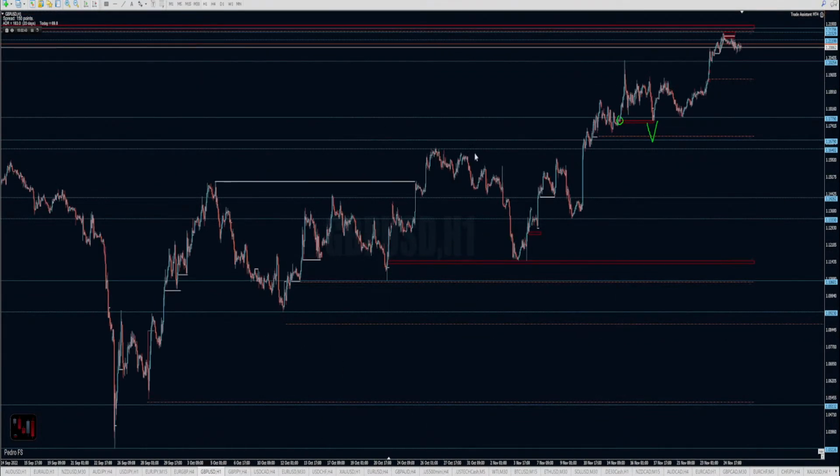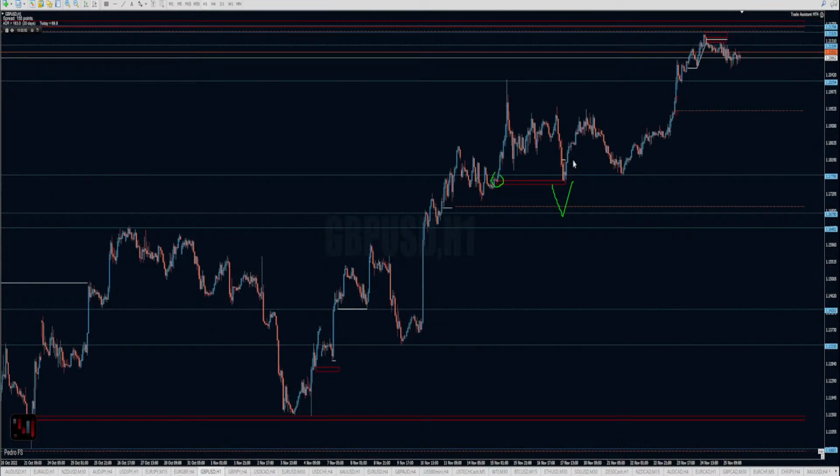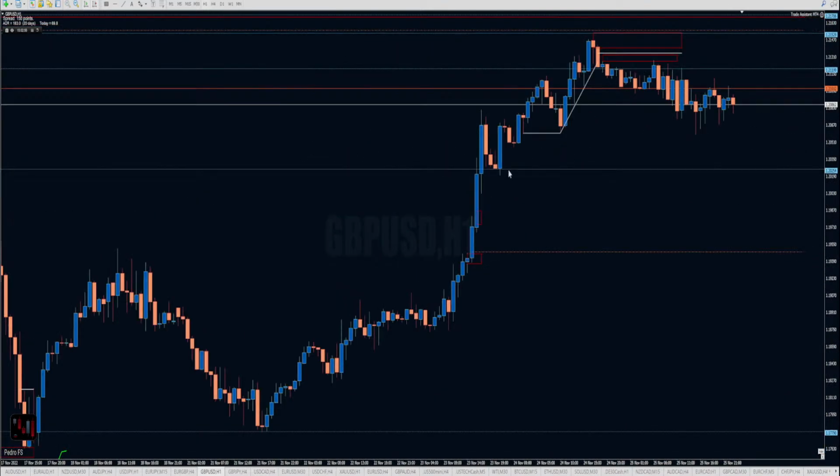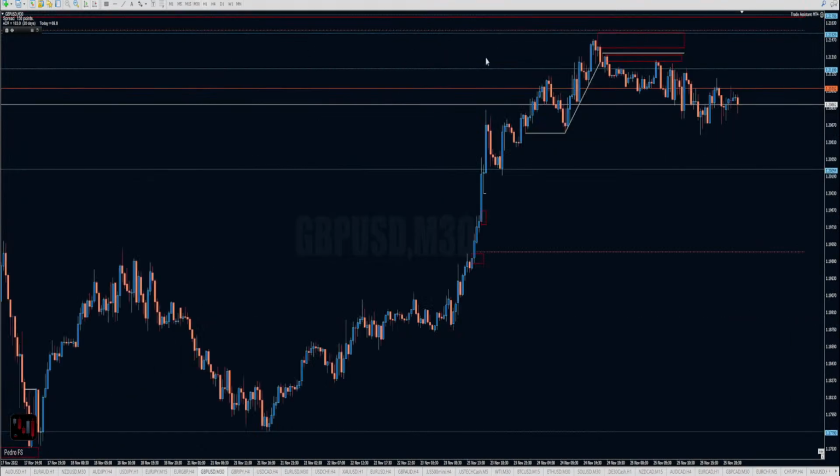And looking at the approach, so this was my 100% bias for yesterday's session. I saw this strong compression Wednesday, Thursday, and I was just looking for sellers.